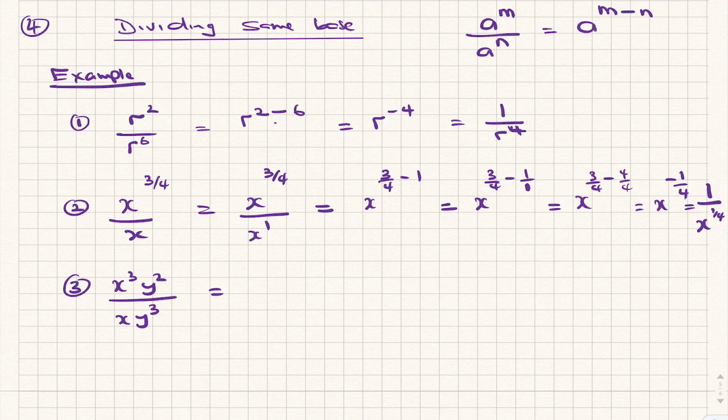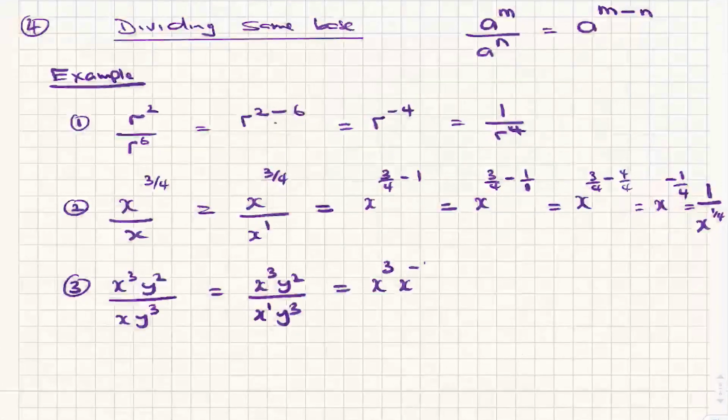Right, question number 3 is likewise similar actually. So let's do the same thing. x to the power of 3, y squared divided by x to the power of 1, y cubed. And now we're going to write x to the power of 3, x to the power of minus 1, because the bottom one will be negative, and y squared and y to minus 3.